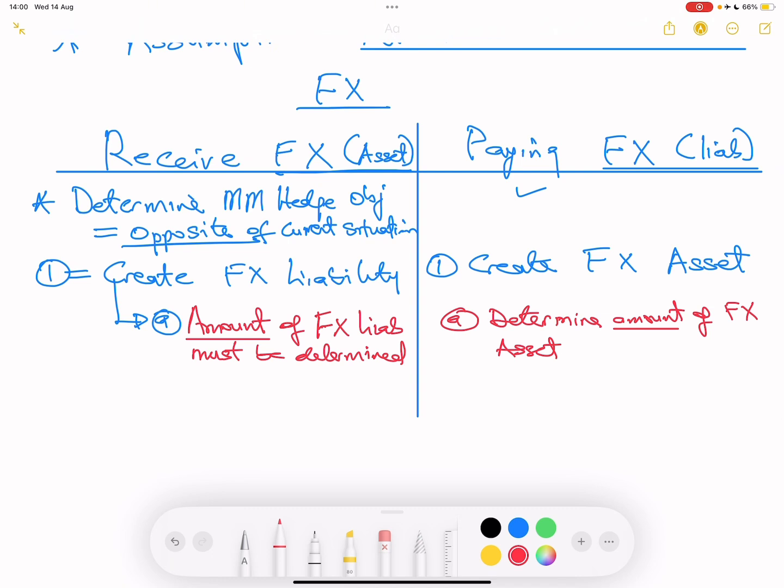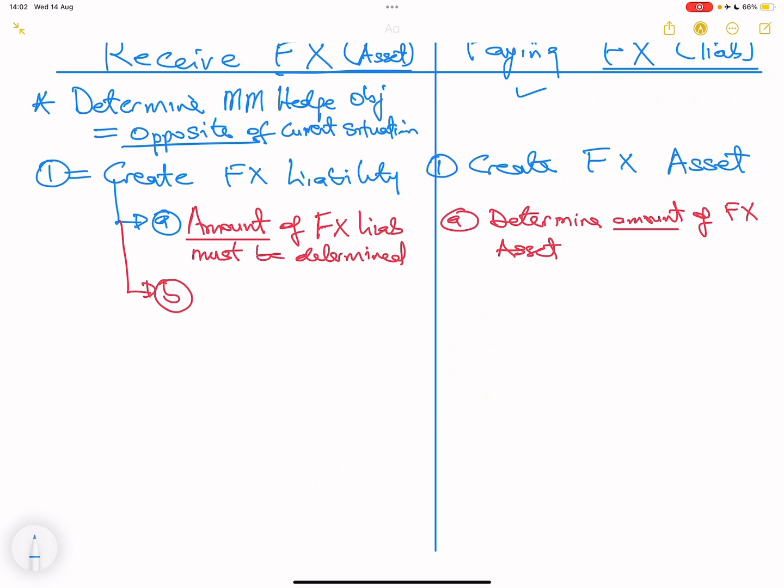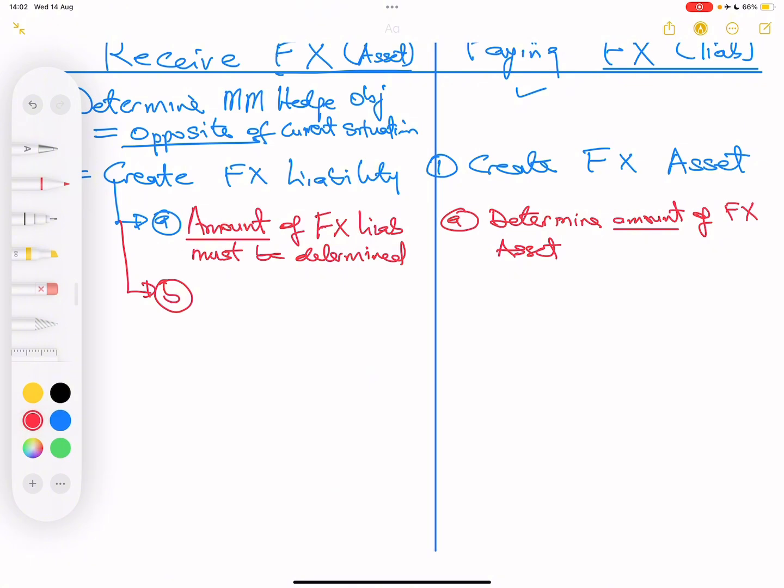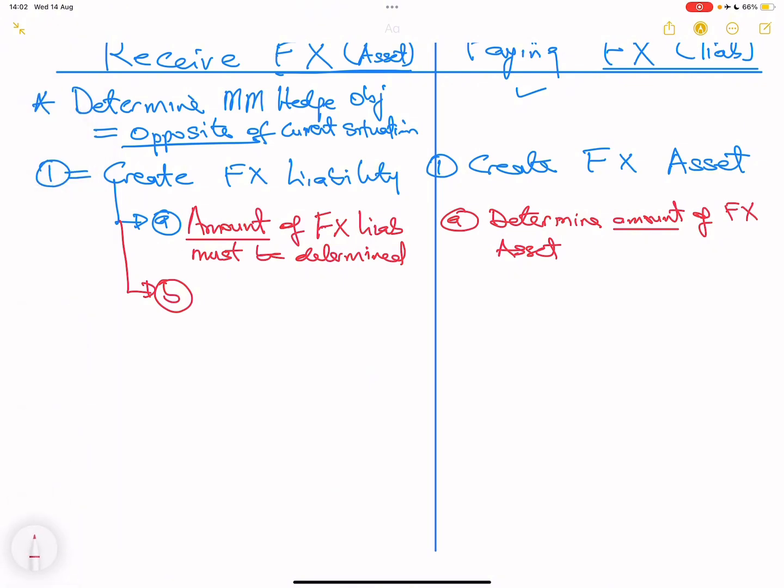Then once that is clear, you go to the next step, which is now, because we need FX liability but we are a local company, we need to borrow, right? So once we know the amount of FX liability that we need, then we can go ahead and borrow it.